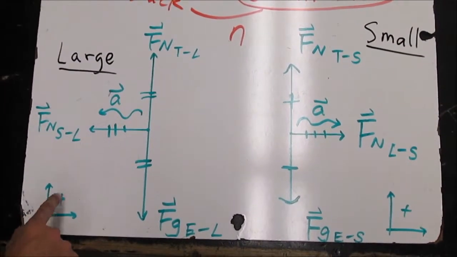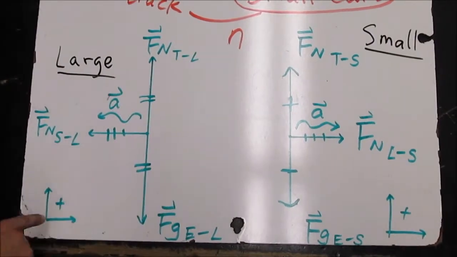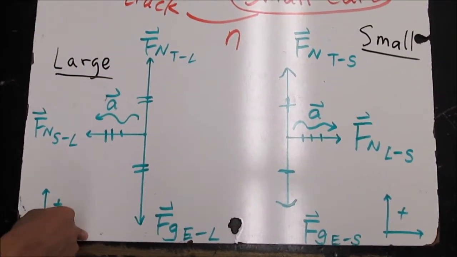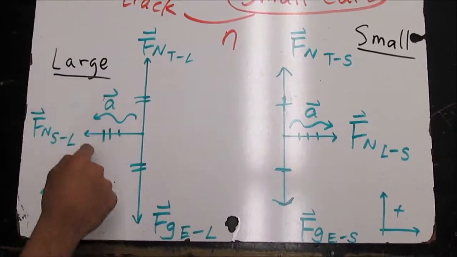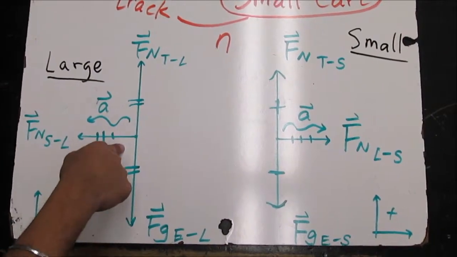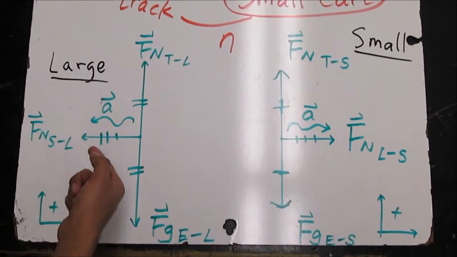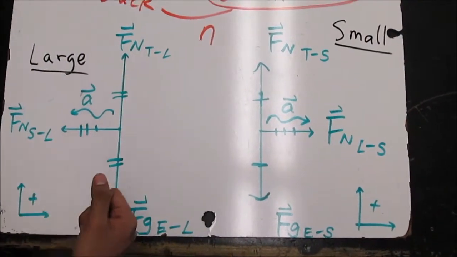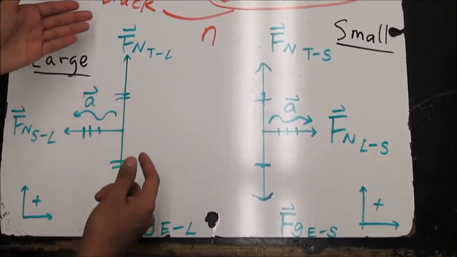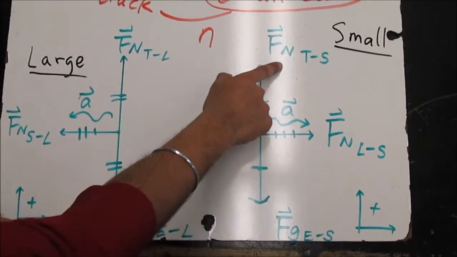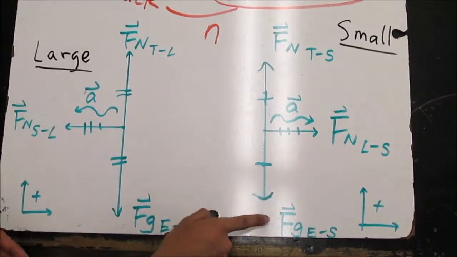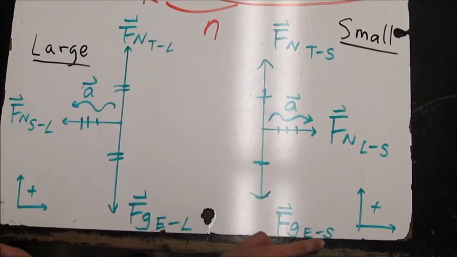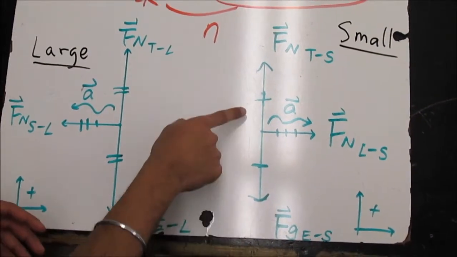Since we have our coordinate system with up being positive and right being positive, we have our acceleration vector going in the same direction as our normal force, which shows a negative acceleration, which was shown on our velocity time graph as well. And now the small cart follows the same format, where we have the normal force of the track on the small cart and the force of gravity of the earth on the small cart, and they are the same magnitude.